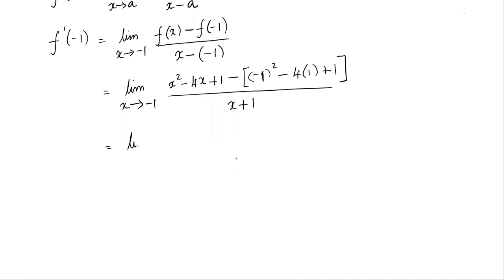That gives us x squared minus 4x plus 1. Those are all numbers. There's no x in there, right? So that gives us 1 minus 4 times -1, which is plus 4, so 1 plus 4 is 5, plus 1 is 6.